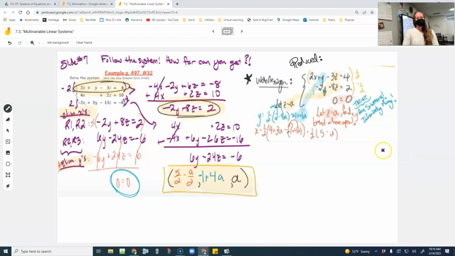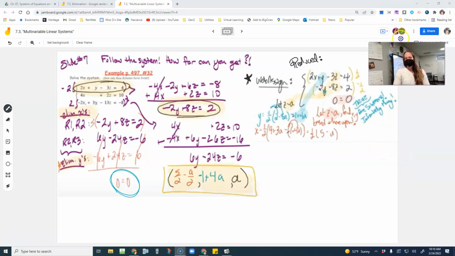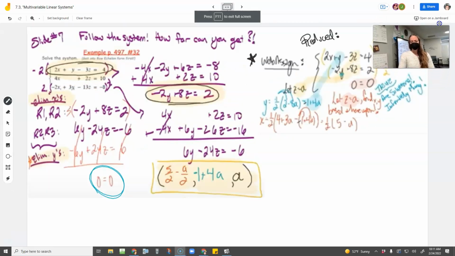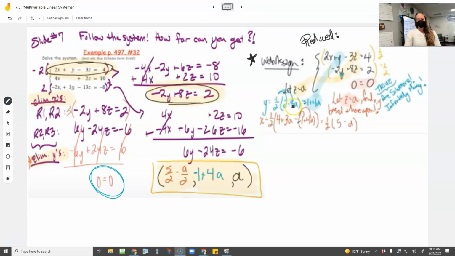So for the y equals 1/2 times 2 minus 8a, well, how do you have that? Wouldn't you divide the negative 2y over to the other side, and then it would be negative 1? Like, in the second one? So if we plug in a, and if we subtract 2 minus 8a, one way is dividing everything by a negative 2.